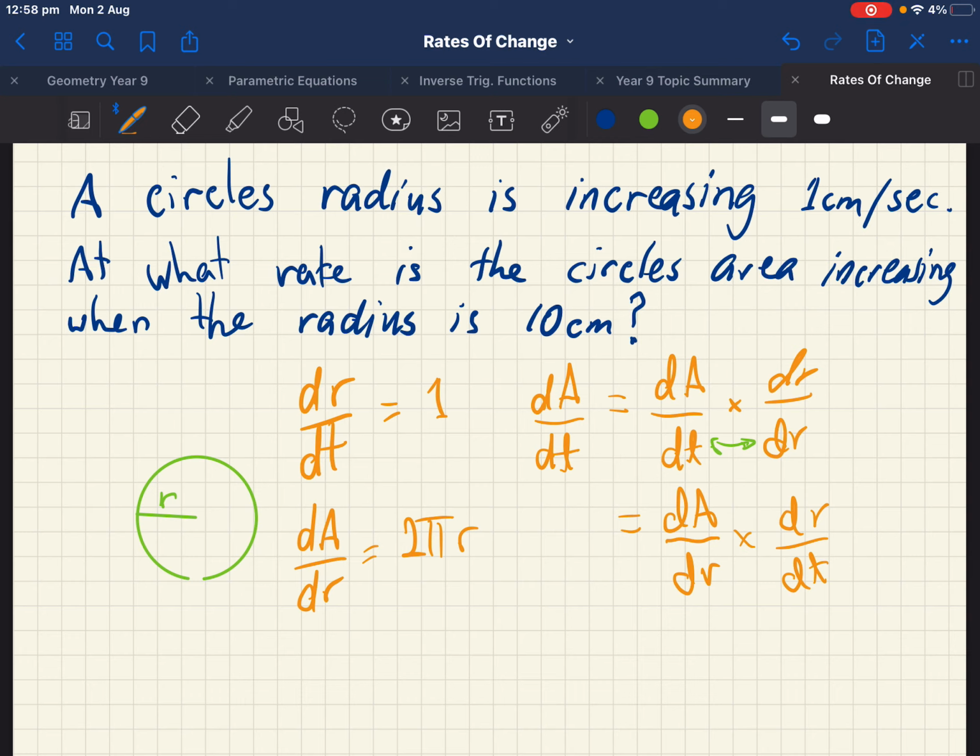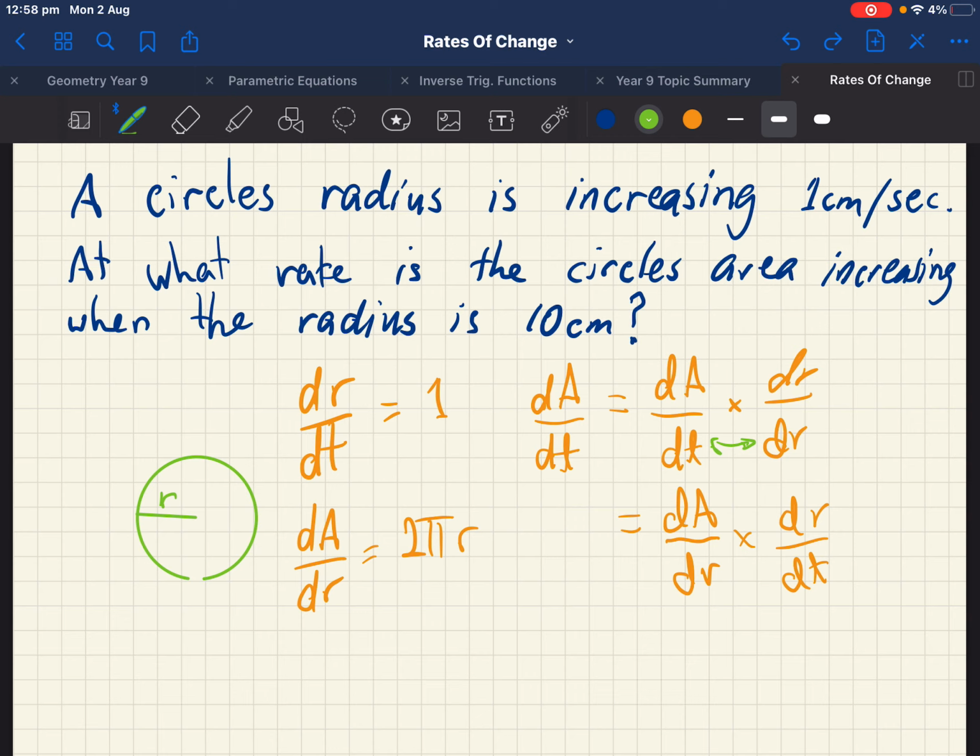All I've done is swap the order of those two denominator terms. And by doing that, it allows us to rewrite dA/dt as dA/dr times dr/dt. And we can all see, not that we want to, those drs would cancel top and bottom, just leaving you with dA/dt. So we haven't mathematically done anything wrong here.